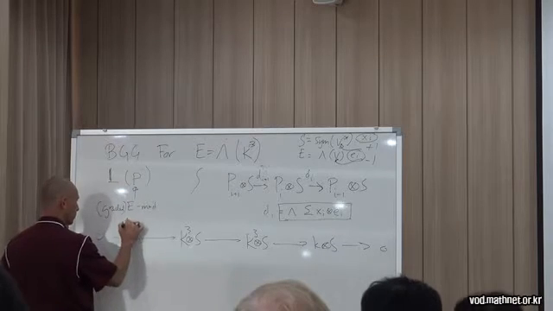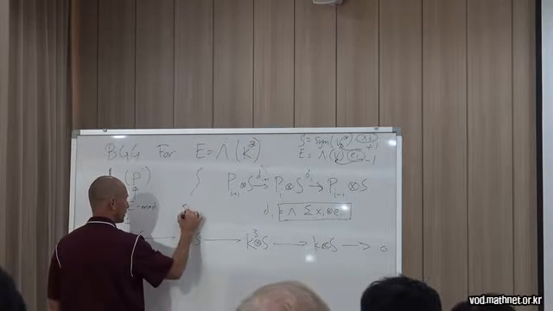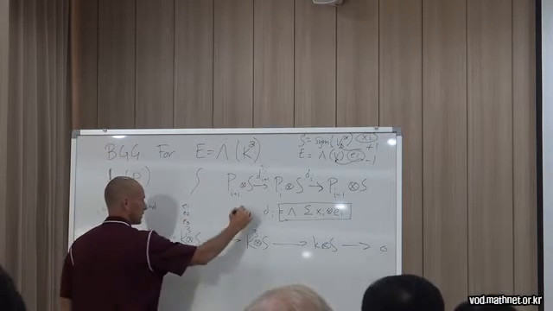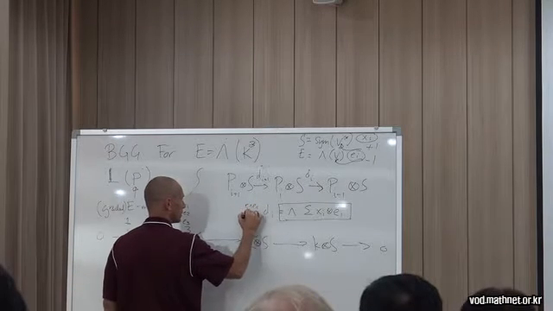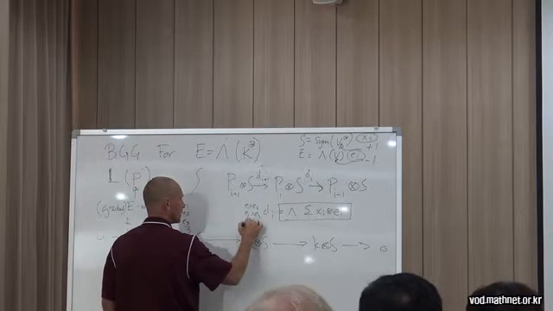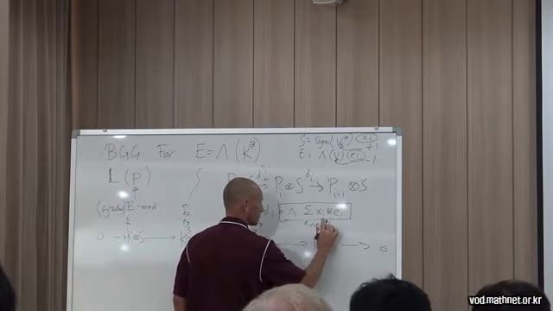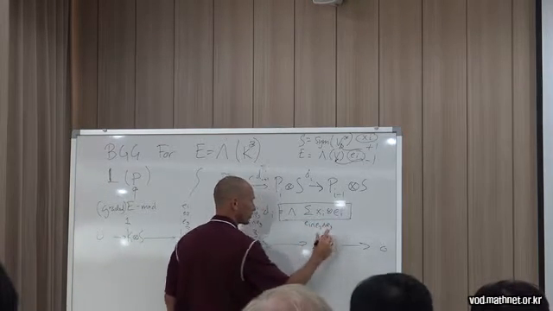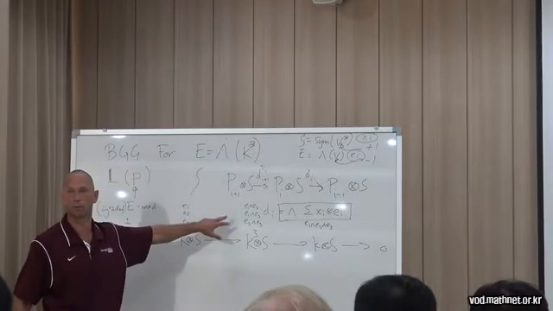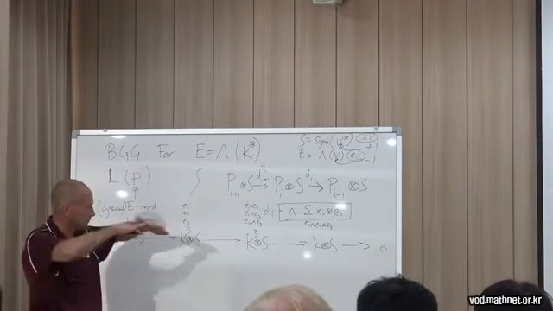Here the basis will be 1. Here the basis is e1, e2, e3. Here my basis will be e1 wedge e2, e1 wedge e3, e2 wedge e3. And here my basis will be e1 wedge e2 wedge e3. Everybody's with me. You guys in the back, can you see this okay, or am I writing too small? You should yell if it's too small.